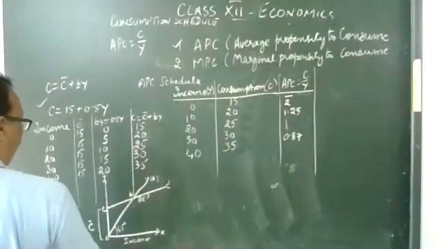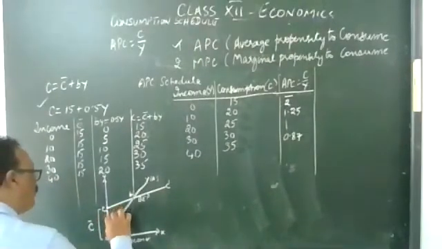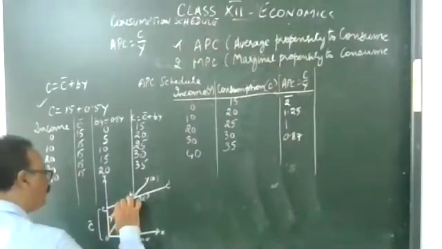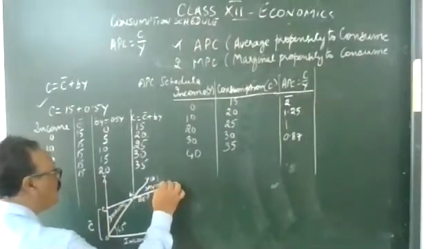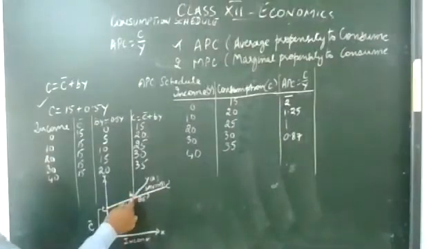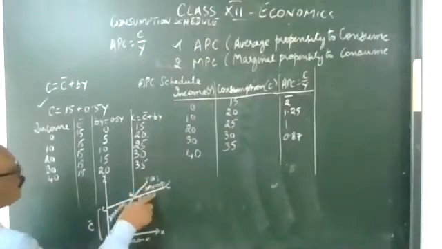Now, when we see the consumption curve is higher than the income curve, what does this show you? This shows you dissavings. Any point before A, this area will show you dissavings. Any point after A will show you savings. Here you see the income line is above the consumption line.